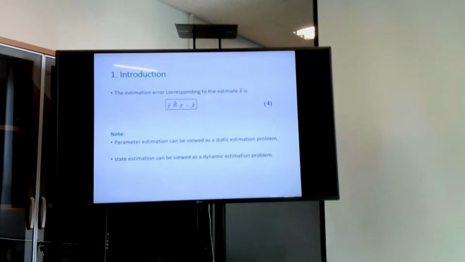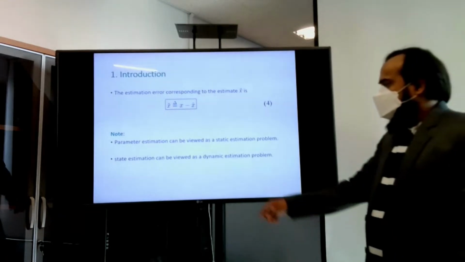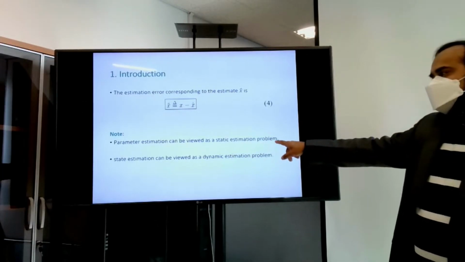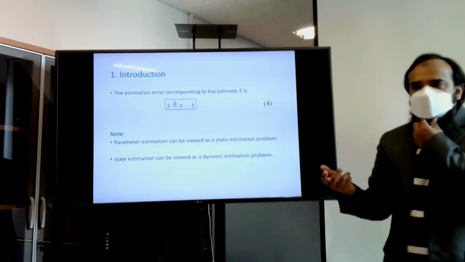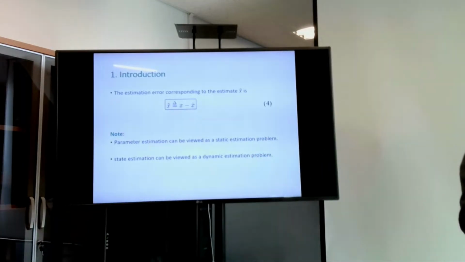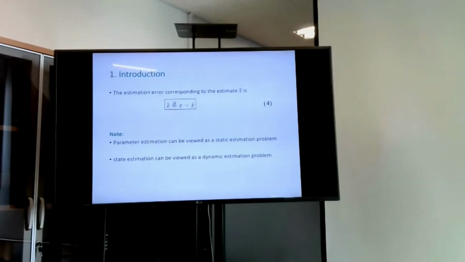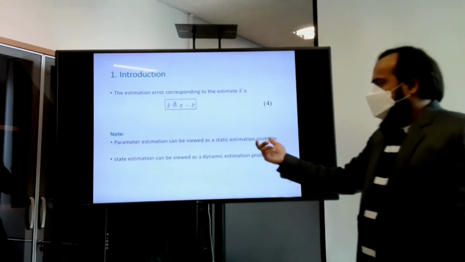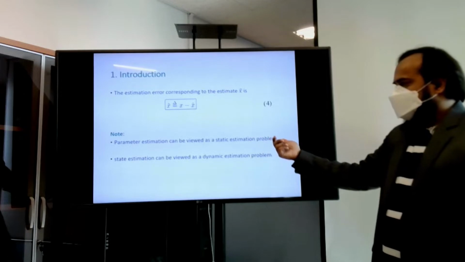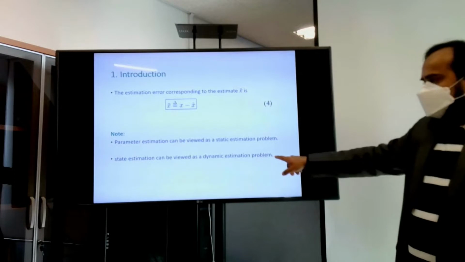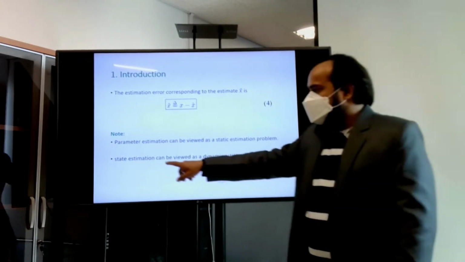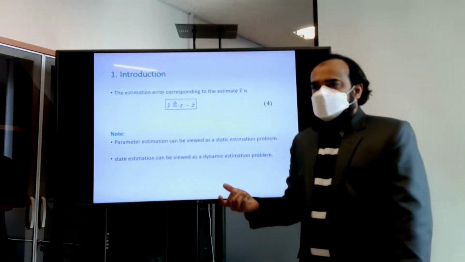So parameter estimation can be viewed as a static estimation problem. If we are finding some parameter, meaning some quantity or a feature of some object, then it is a static estimation problem. But state estimation can be viewed as a dynamic estimation problem, because the object state is dynamic.